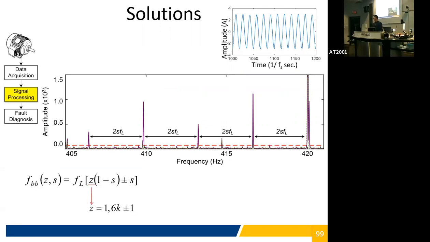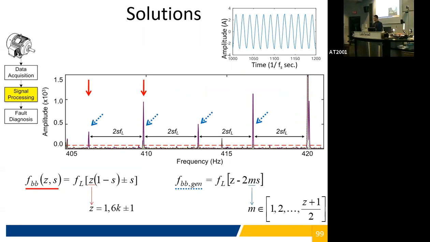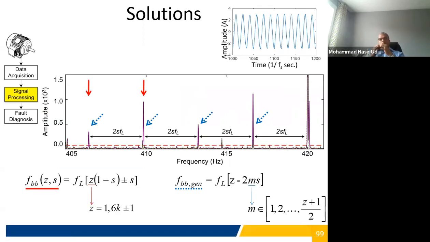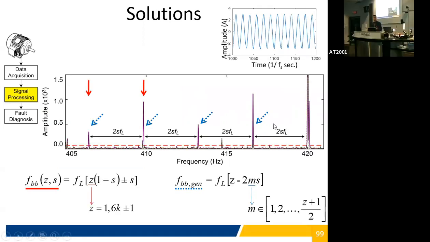A fault analysis looks like this, where according to the theory in that publication, we can get these fault frequencies. And proposed in this work are also additional fault frequencies, because we can see a clear relationship of the fault phenomenon with more frequencies than are predicted by the original equation.